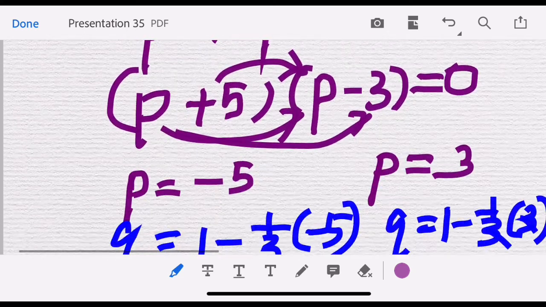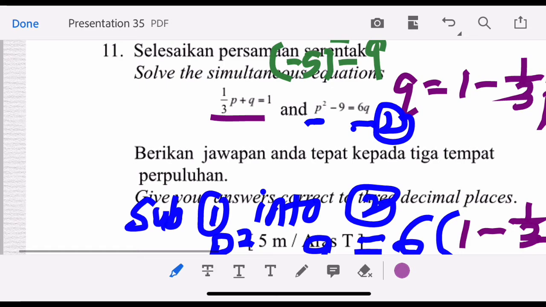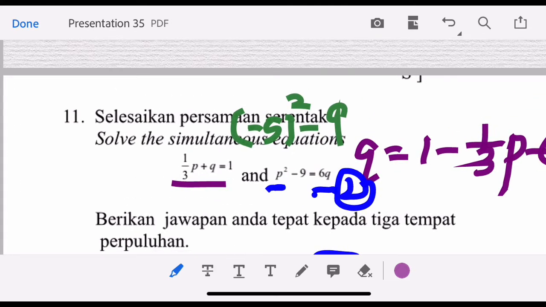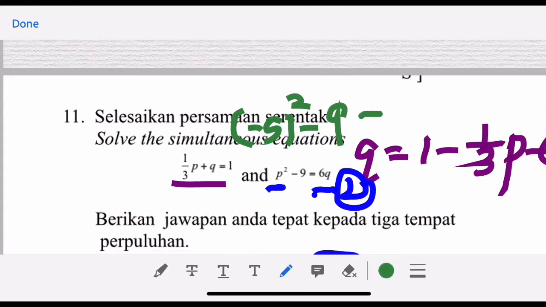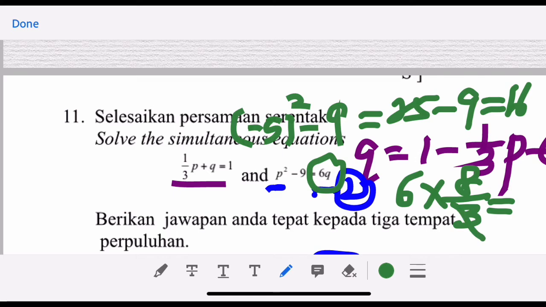What is our q? Q is 8 over 3. 25 minus 9 is 16, right? So for this one, 6 times 8 over 3. Are we getting 16? Yes, it seems like it tally.